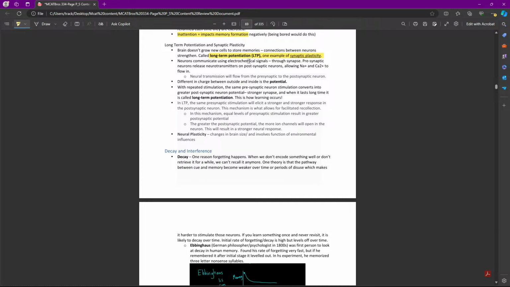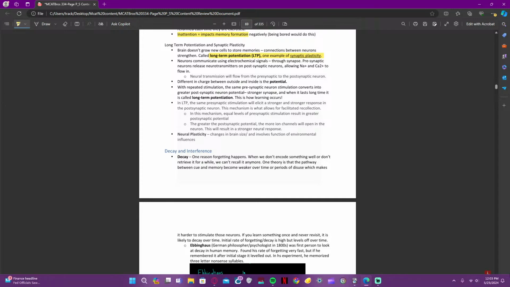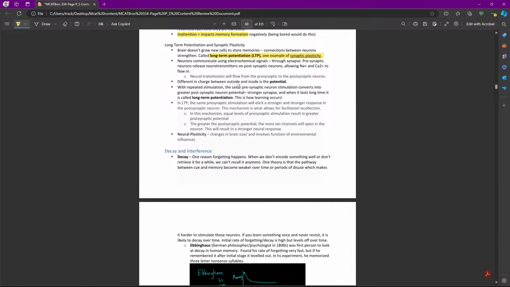The different sodium, calcium, and neural transmission will flow. This is called a potential difference. With repeated stimulation, the same presynaptic neuron stimulates the postsynaptic synapse. When it lasts longer, it's called long-term potentiation.